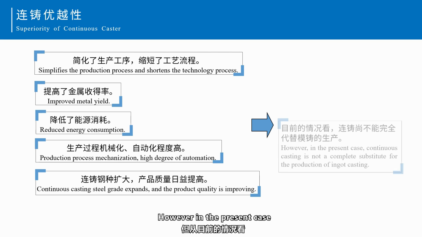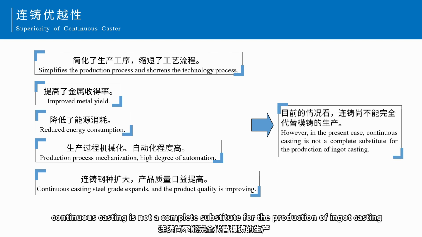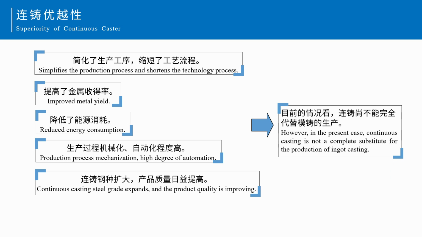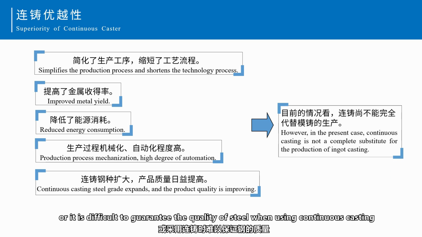However, in the present case, continuous casting is not a complete substitute for ingot casting, because the properties of some types of steel are not yet suitable for continuous casting, or it is difficult to guarantee the quality of the steel when using continuous casting.